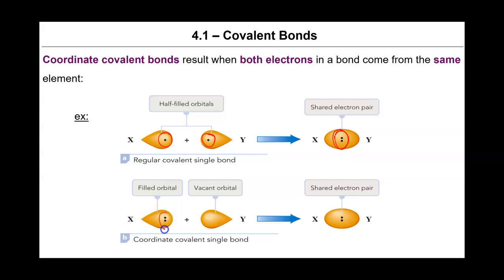But there's no reason why one of the atoms couldn't donate both of the electrons or contribute both of the electrons to the pair of electrons that is being shared. And this does happen, it just doesn't happen that often. And when it does, we say that what we formed is a coordinate covalent single bond.